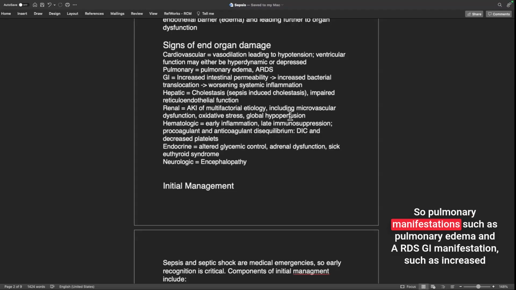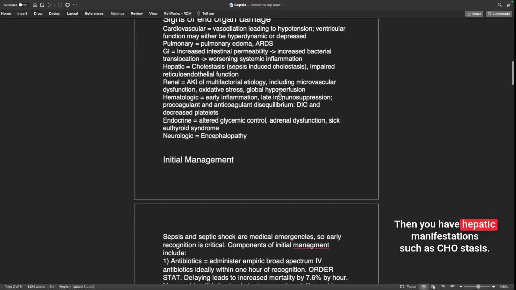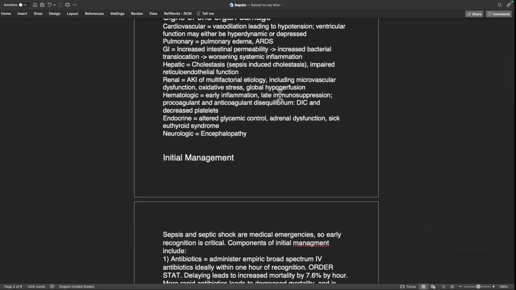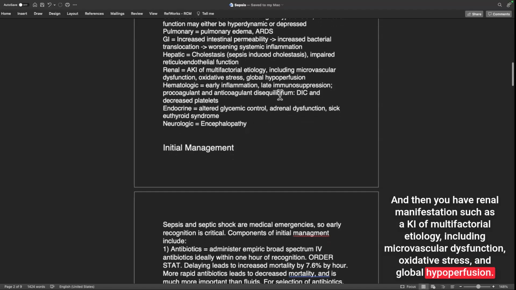So pulmonary manifestations such as pulmonary edema and ARDS, GI manifestations such as increased intestinal permeability, leading to increased bacterial translocation, leading to worsening systemic inflammation. Then you have hepatic manifestations such as cholestasis, impaired reticuloendothelial function. And then you have renal manifestations such as AKI of multifactorial etiology, including microvascular dysfunction, oxidative stress, and global hypoperfusion.